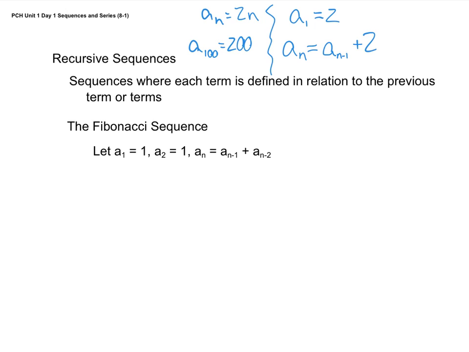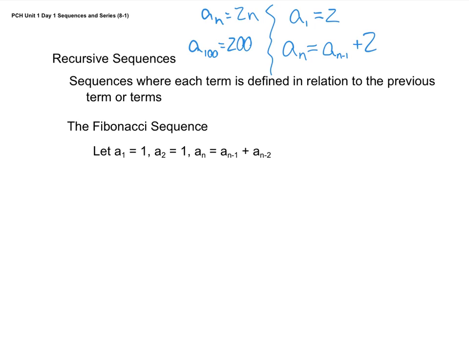Now, what would the downside be to trying to use this to find a sub 100? You always have to figure out the previous term. Yeah, we'd have to find out the previous 99 terms in order to find out the 100th term, okay?